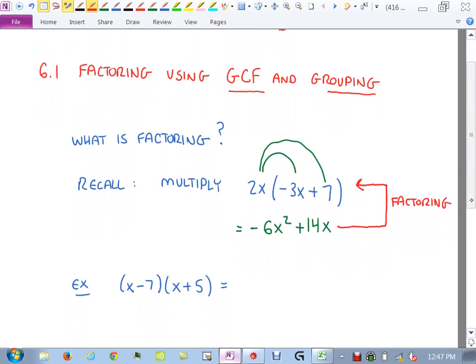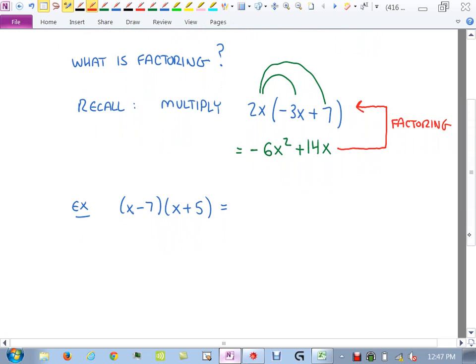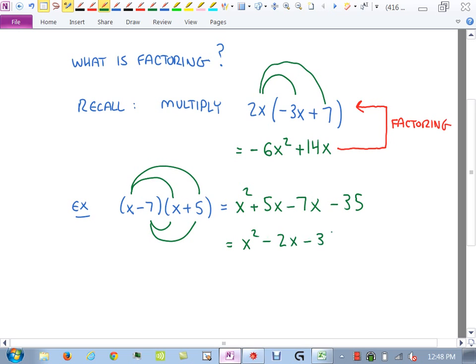Well, we'll see. I want to give you one more example to show you what factoring would be. If I asked you to multiply these 2 binomials, you would use that FOIL thing, right? Or what I showed you in class, because I told you I didn't like FOIL. You multiply those, you should have gotten x squared plus 5x minus 7x minus 35, which would be x squared minus 2x minus 35.